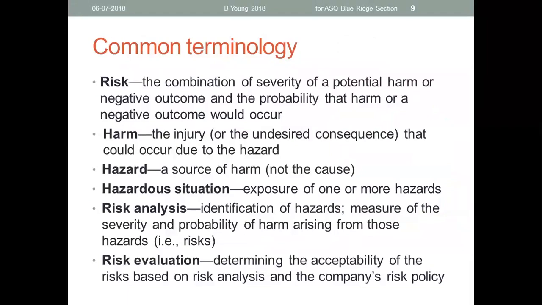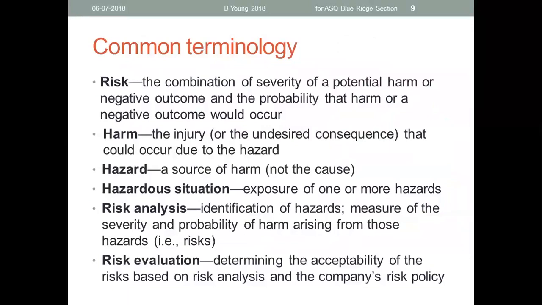Harm would be your injury or your undesired consequence that could occur. A hazard is a source of harm. It would be inherent in your product. If you have a product that has mechanical moving parts, then there will be the hazard that those moving parts could cause injury. It's just the nature of the device. Hazardous situation would be the exposure of one or more hazards to the user or to the environment, to something that could get harmed.